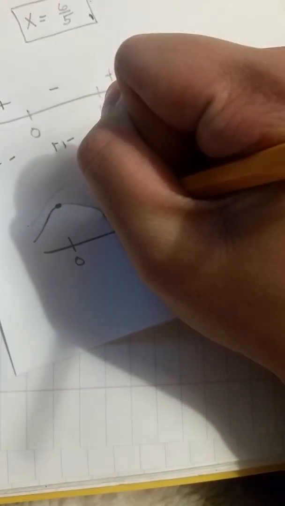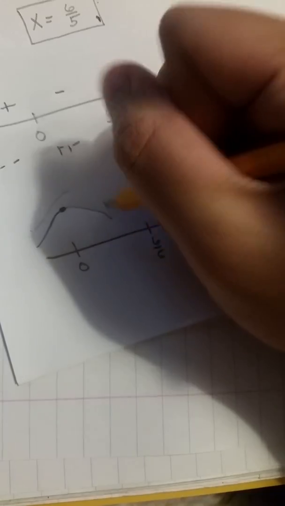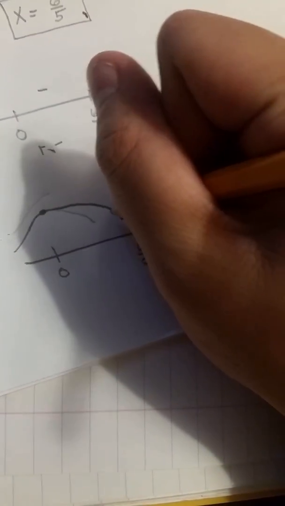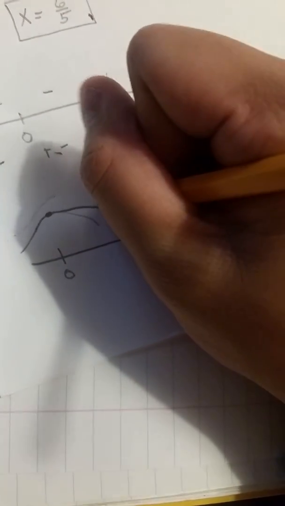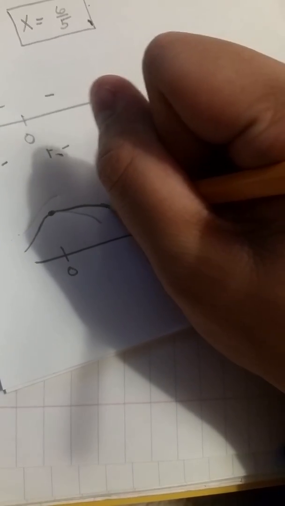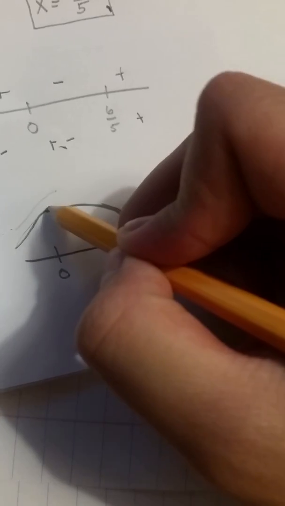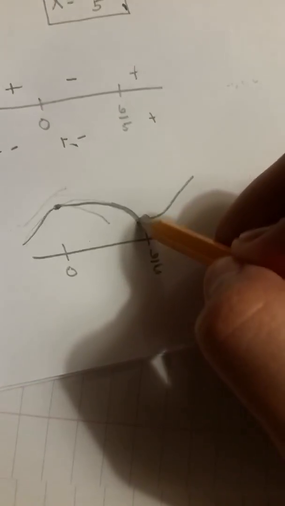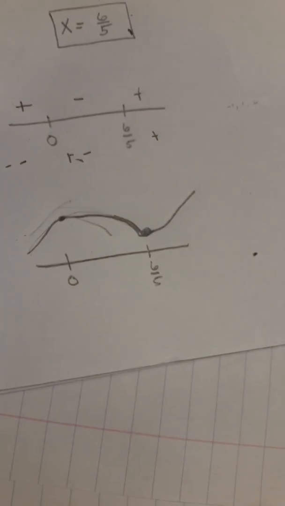Then you need to go down right here, and then back up. If this was more spaced out, it would look more even, but it's not. This will be another point right here, and then it should go back up again. So positive and then negative is going to go down, and the next one is positive, so it's going to go back up.